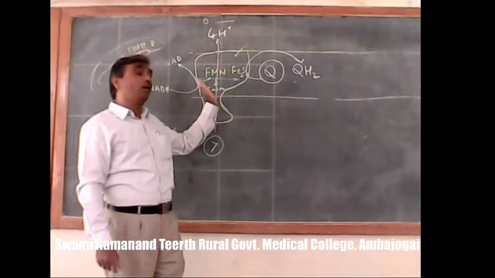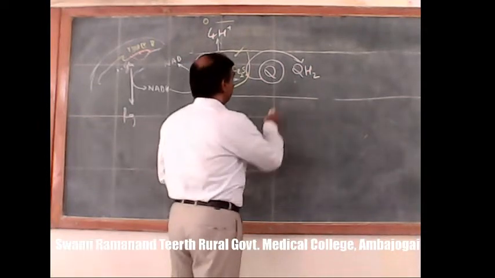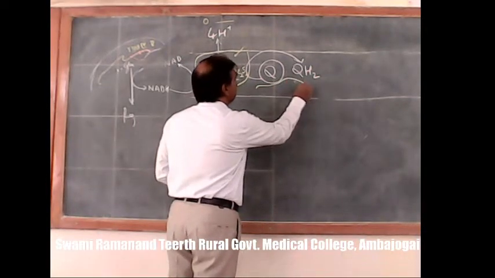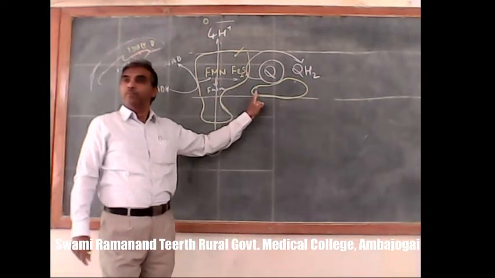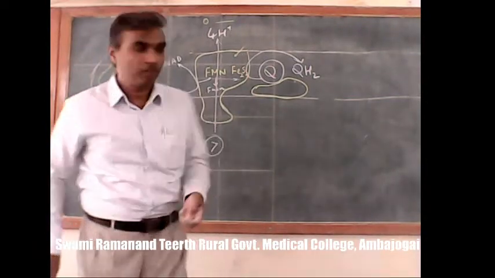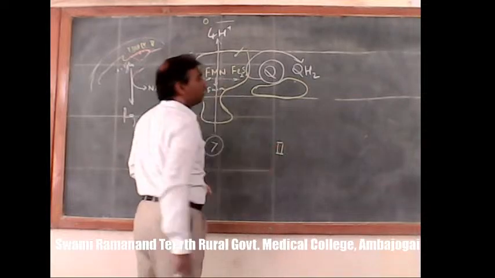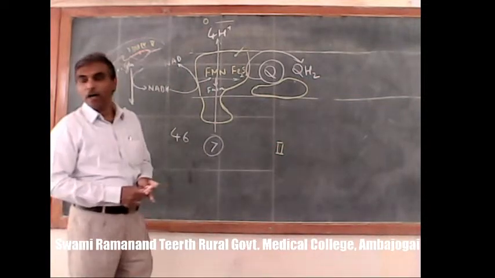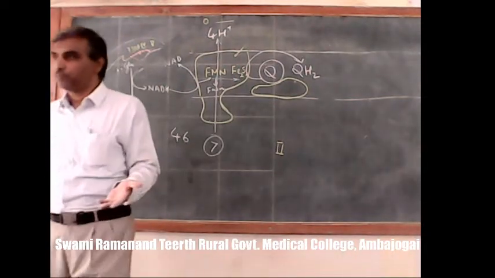So this is complex 1. In between there is complex 2. I can show here complex 2. This complex 2 is called succinate dehydrogenase. This is complex 1. This is complex 2, which is succinate dehydrogenase or succinate CoQ oxidoreductase.